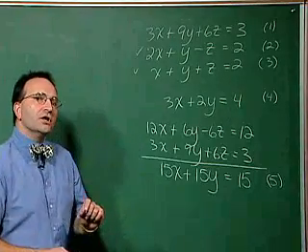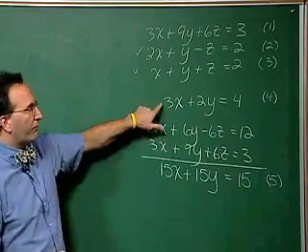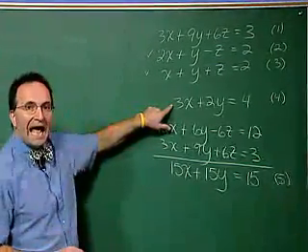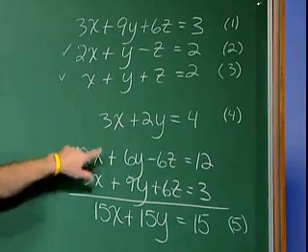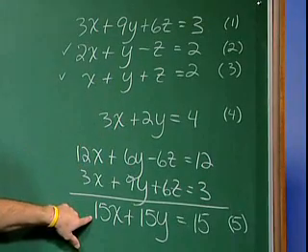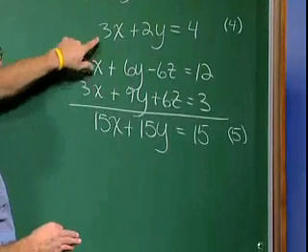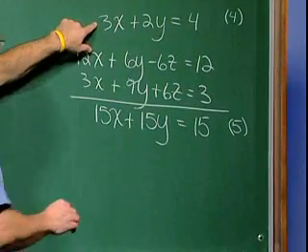Now, what I can do is multiply equation 4 by negative 5, and then add that to equation 5. So here's equation 5. I'll leave it right there. But now let me take equation 4 and multiply it by the negative 5.